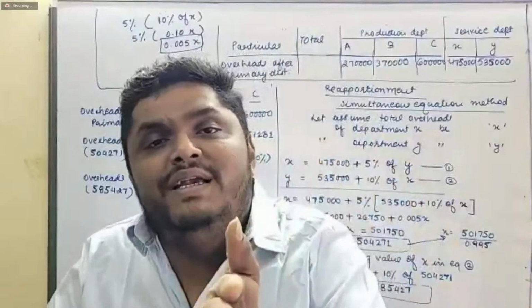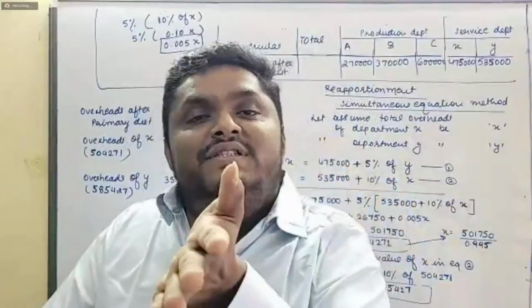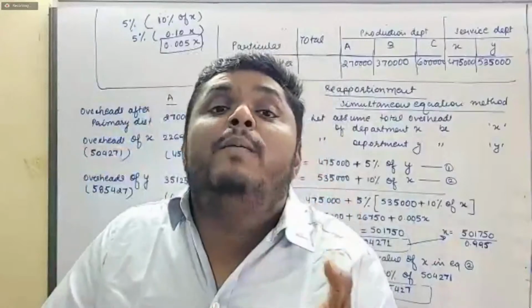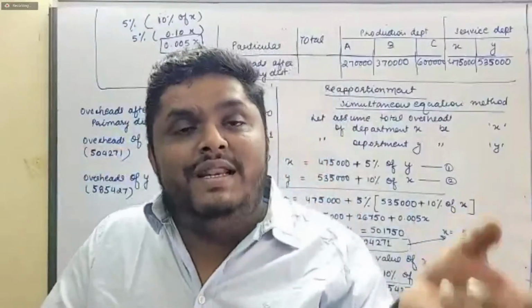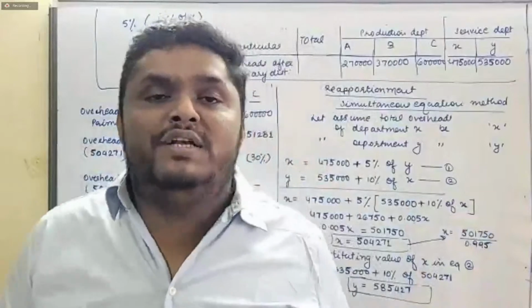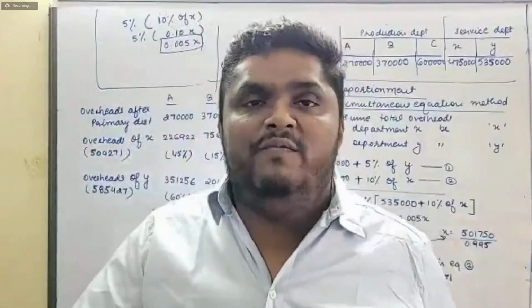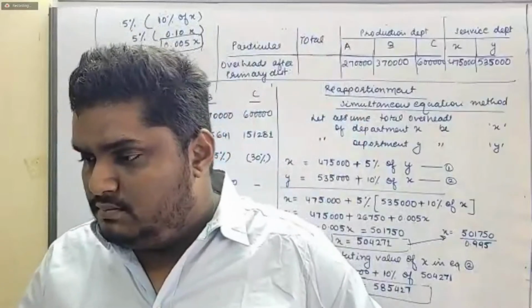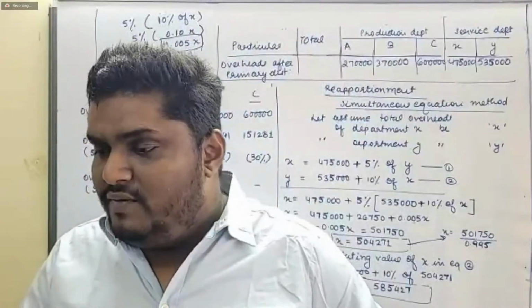So whatever material cost or labor cost is incurred at the service department will form part of overheads. As far as the direct material cost and labor cost in the production department, it will form part of prime cost. Very good, Arshu.